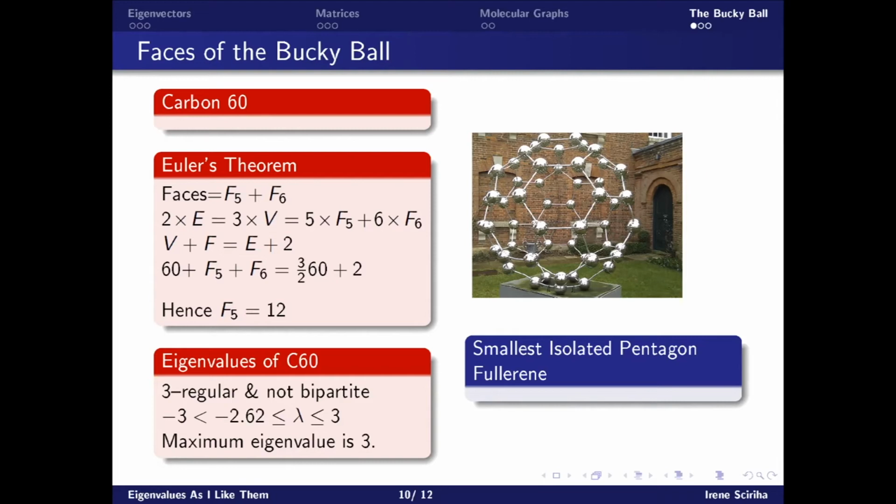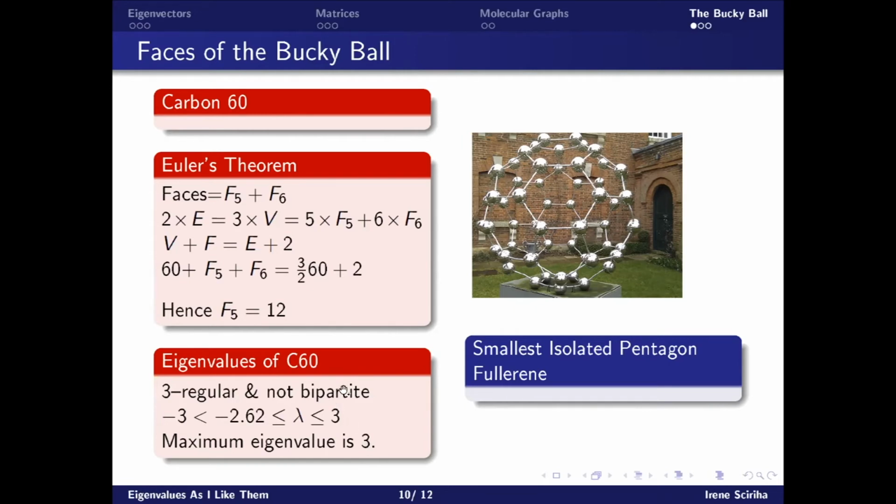And this is called a fullerene. This is the definition of a fullerene. A fullerene is an all-carbon molecule which is 3-regular, and it has faces which are just pentagons and hexagons. So if it's 3-regular, we know immediately that its maximum eigenvalue is 3.